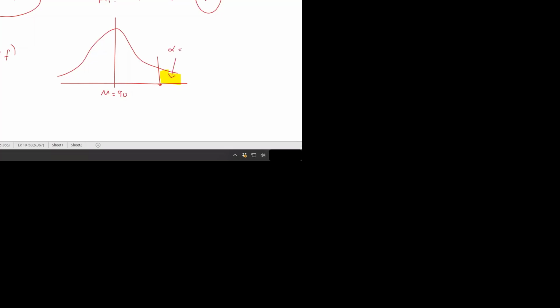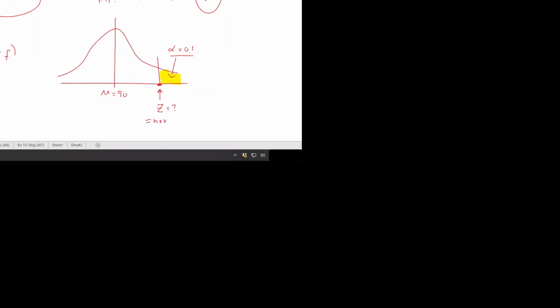this is alpha, which is the 0.1 over here. Corresponding to this point, such that the area beyond this point is equal to 0.1, what is the z-value? How do we obtain the z-value when the area beyond this point, shaded in yellow, is equal to 0.1? You find the inverse norm.